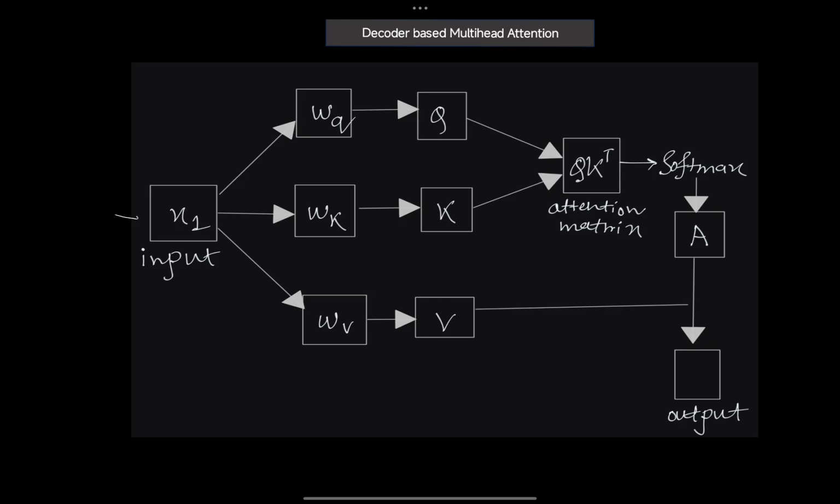So this is what we generally use in case of the decoder based multi-head attention, right? So in case of our example, which is in case of multimodal, what we do is in the input side we concatenate the image embedding and also the text embedding, and then we send together this input to this decoder based multi-head attention calculation, right?